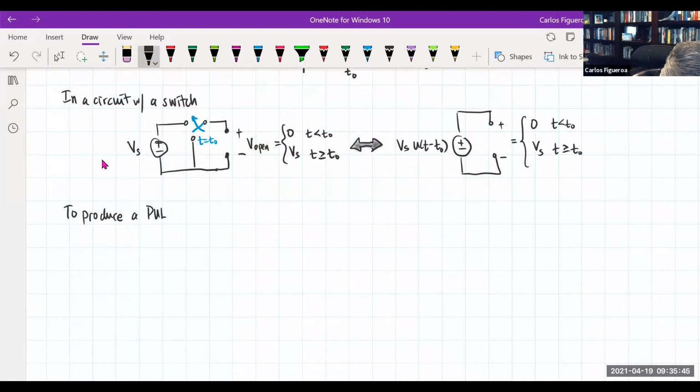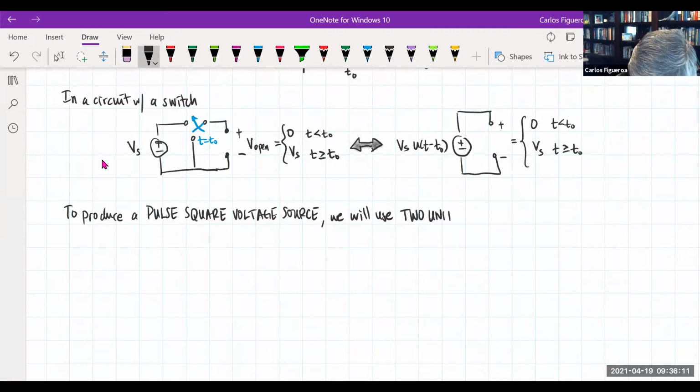A pulse, square voltage source, we will use 2 unit step functions. And the way we can do this is the following.